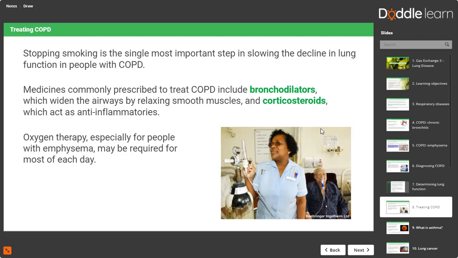Actually, they will probably just need to take extra oxygen into their body because of the poor gas exchange that's happening. So you just have this constant extra supply. Your percentage of oxygen that you're breathing in is higher than a normal person's, but that can be required for most of each day.